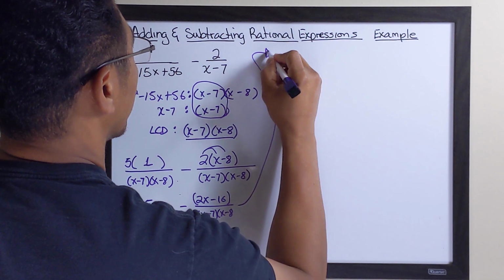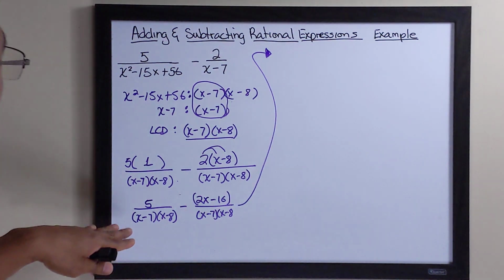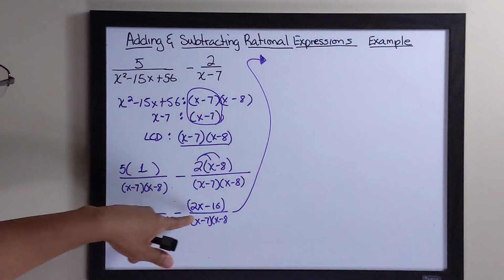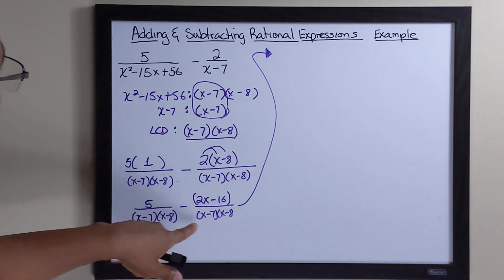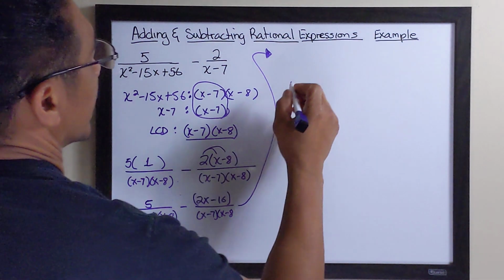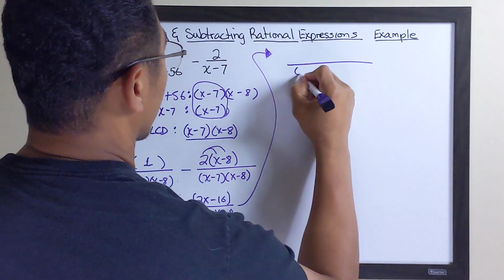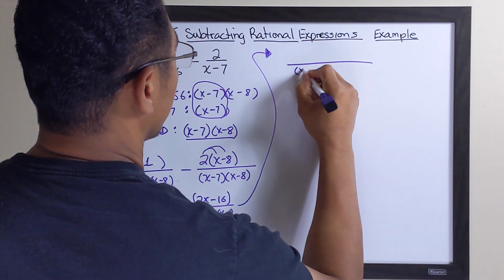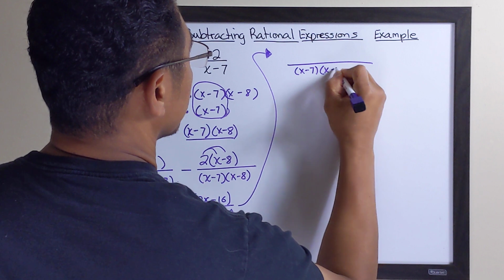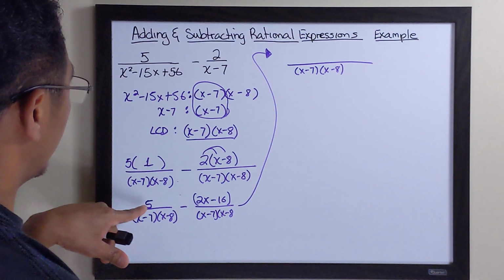The next step is to combine the numerators, since we have a common denominator now. I'm going to rewrite this as one whole fraction with our common denominator, x minus 8, and this is going to be a 5.